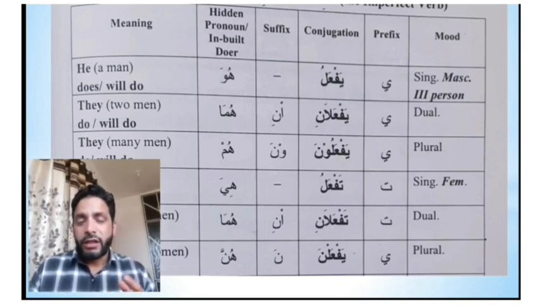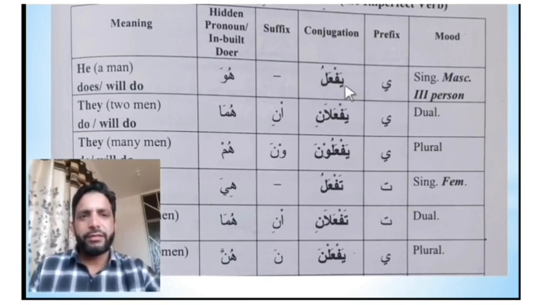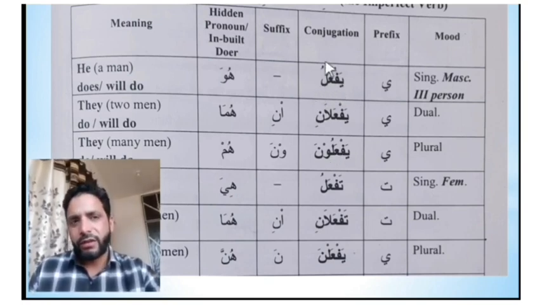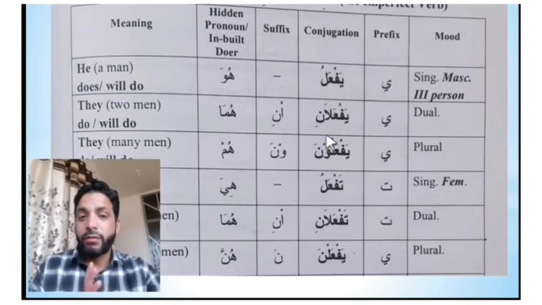In Arabic we call it al-jama, al-muzakkar, al-ghaib. Al-jama means plural, al-muzakkar means masculine, al-ghaib means third person. So these three forms of this Fi'l Muzari are used for third person masculine: the first one is for singular masculine, yaf'alu, the second one is used for dual masculine, and third is used for plural masculine.